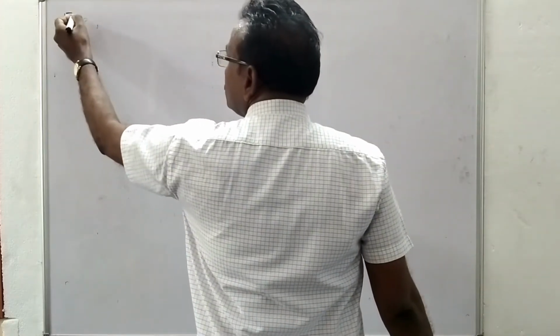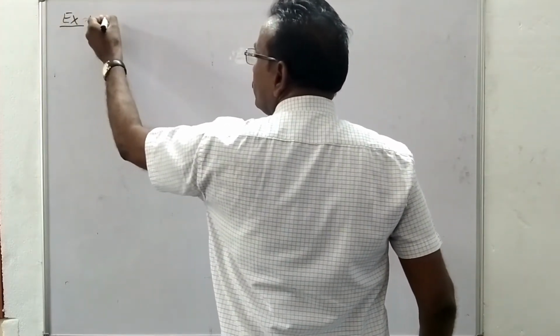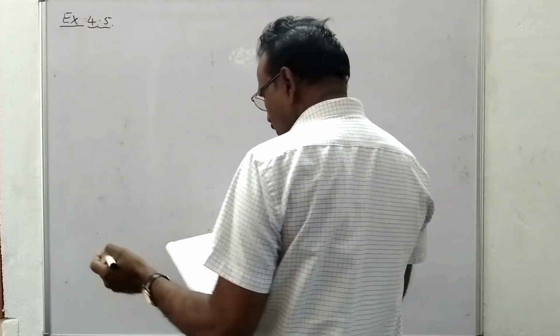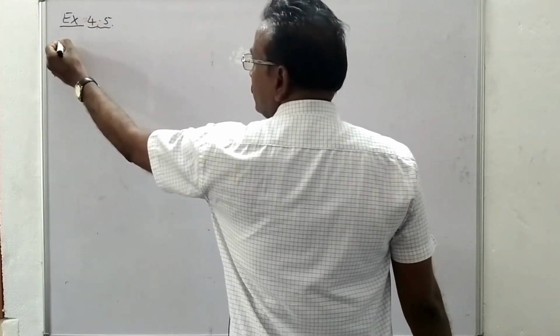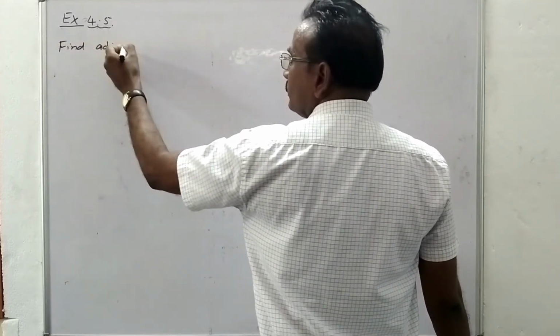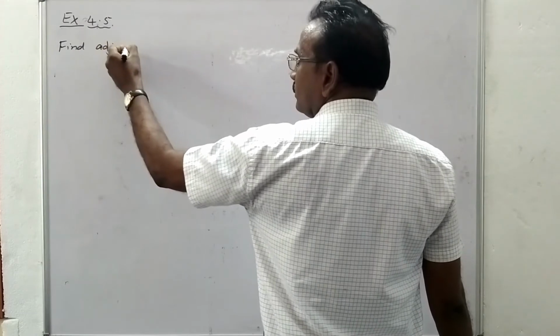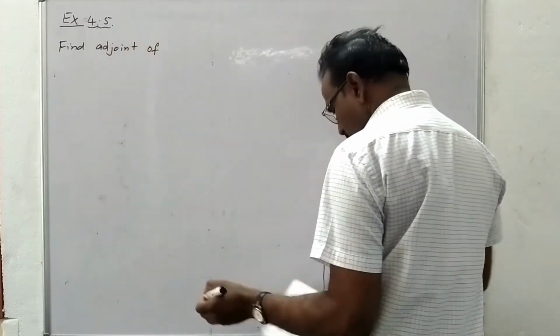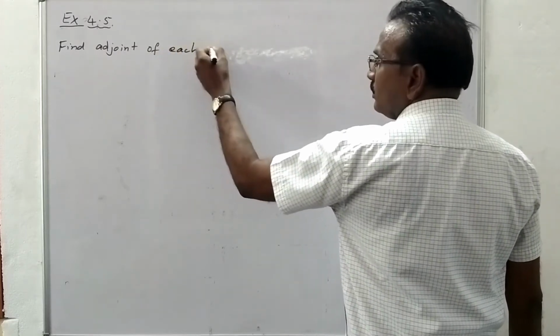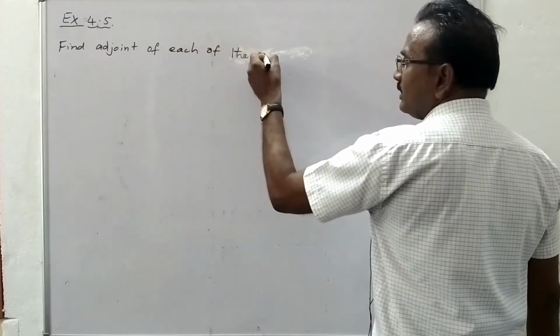Exercise 4.5. Find the adjoint of each of the matrices.